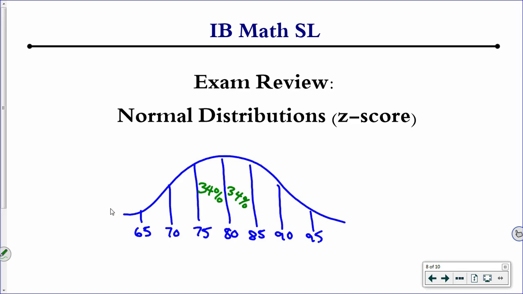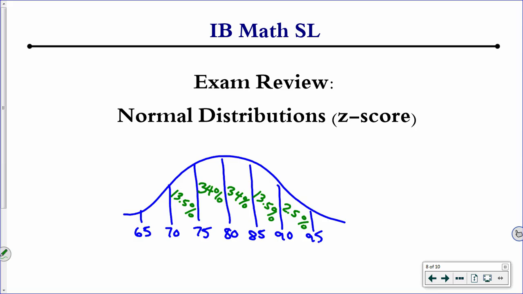That's what it means to be normally distributed. That 34% is going to fall between the mean and the first standard deviation, 13.5% in the next standard deviation, and only 2.5% in the last standard deviation. And that adds up to 100%.